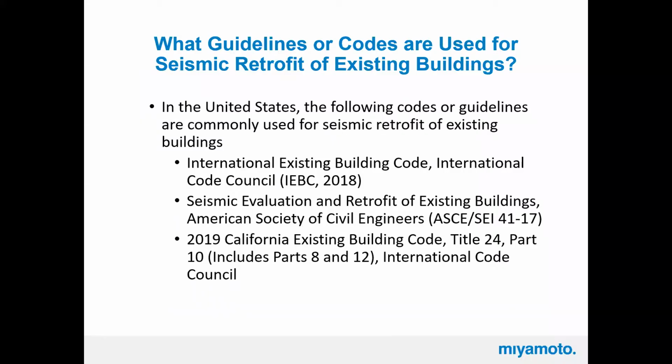There are many codes and guidelines for retrofit of existing buildings. The IEBC, International Existing Building Code, is more of a national document that's used around the world. ASCE 41-17 is the current version of the seismic evaluation and retrofit of existing buildings. We use that very, very heavily.